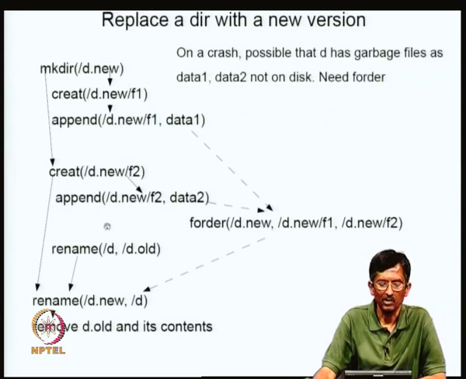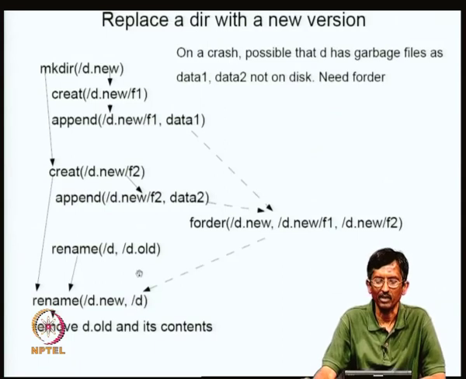So that's the reason why you will find that these two data may not be resident, and you might actually directly go here, and if there is a crash, then D might have some files which are not the correct data, okay.